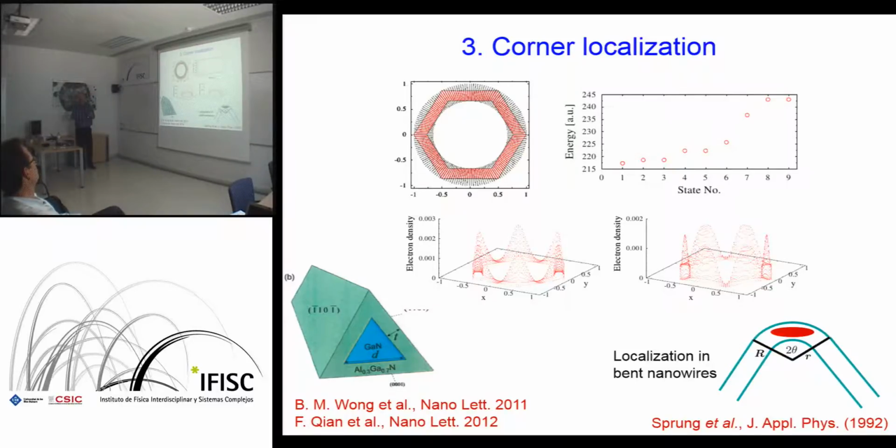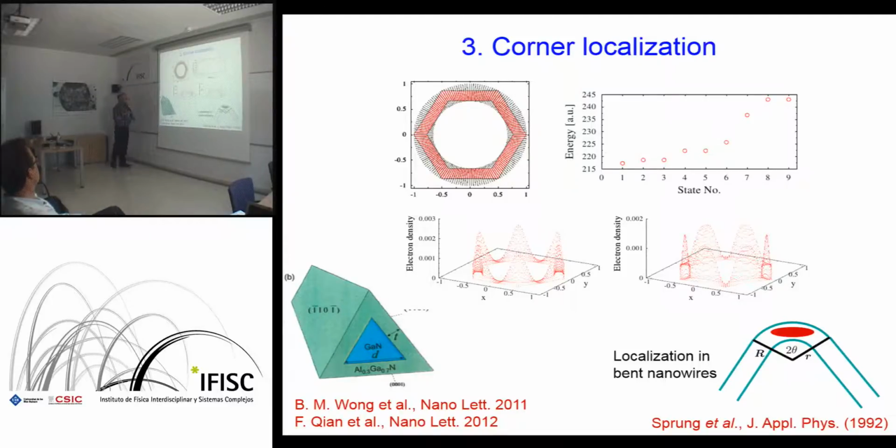It reflects the crystal structure. In some cases, they can also make circular nanowires. But in other cases, they can make square nanowires or triangular nanowires, like in this example.